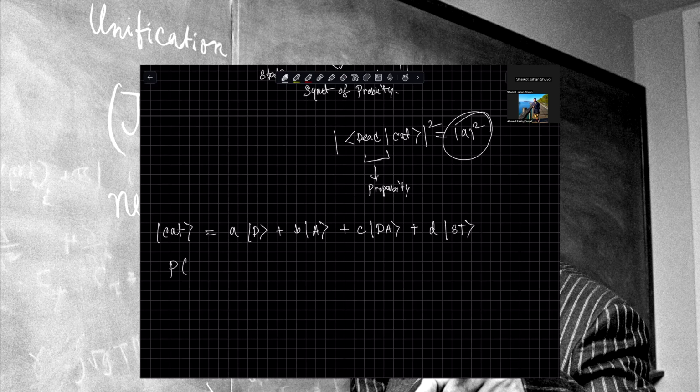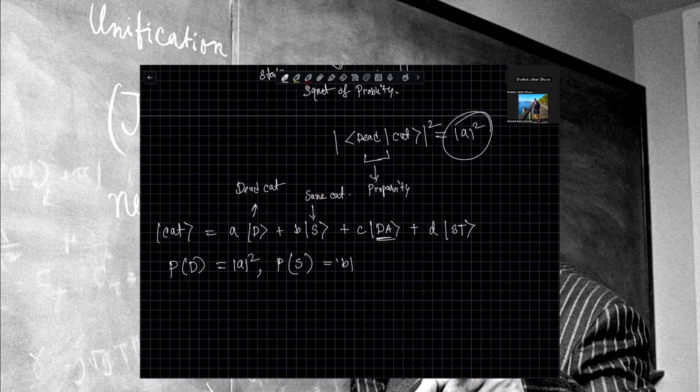Well, the probability of being dead is mod A squared. The probability of being alive, okay, so dancing cat, let's assume this is not the same thing as alive. By alive, I mean a sane cat, doing a meow meow instead of dancing. If a cat starts to dance, that's not the same cat. So this means the same cat, and this is a dead cat.